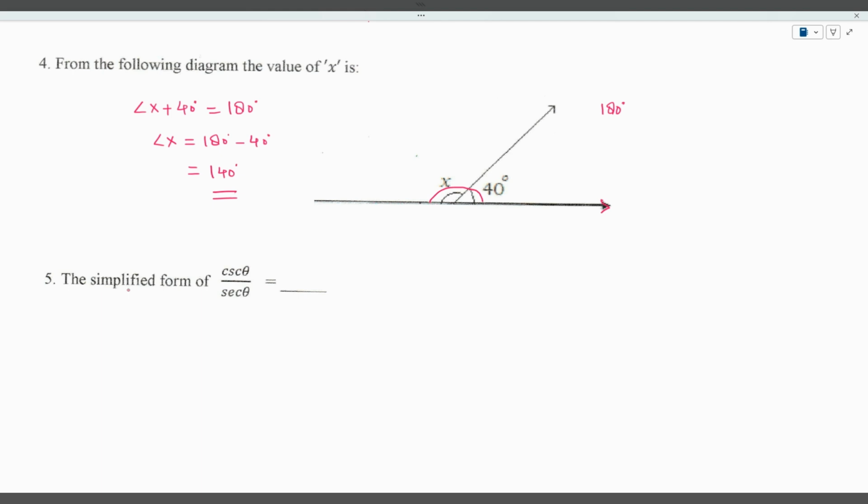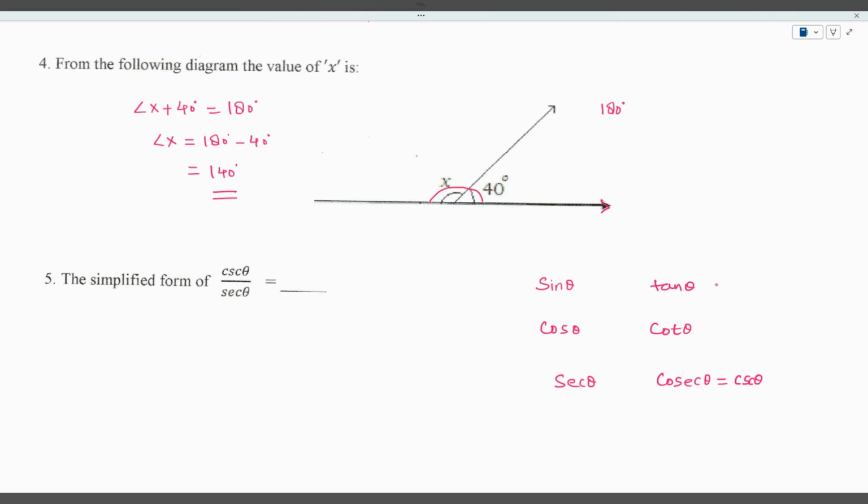Find the simplified form of cosec theta over sec theta. Students, as you know, there are six trigonometric ratios. They are known as sin theta, cos theta, tan theta, cot theta, sec theta, and cosec theta. Cosec theta can also be written as csc theta.